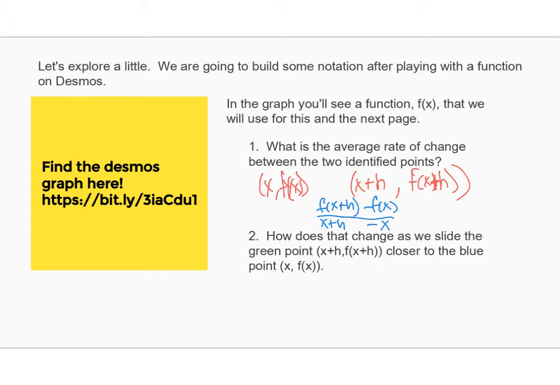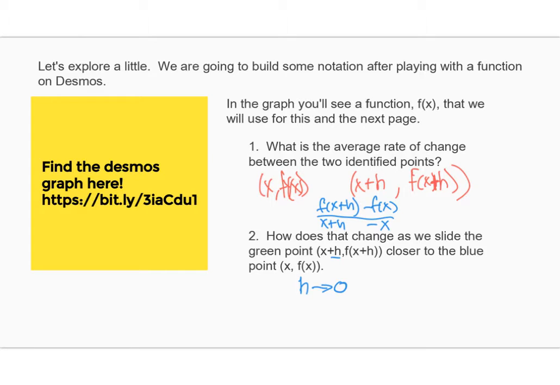Okay, so what happens as we slide the green points closer to the blue points? Well, there are a couple things happening here. The first is that the x distances are getting closer and closer together. Those are caused by that h distance between them. So the first thing that's happening is that h is getting closer and closer to 0.